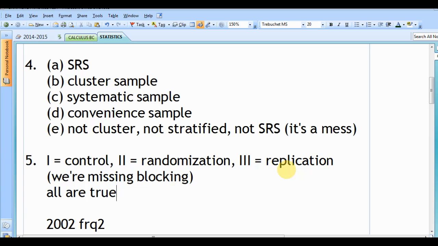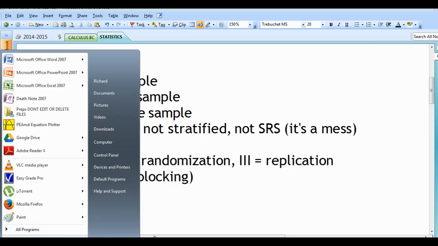So I feel like there's something amiss here. Maybe I'll look for it. Experimental design.